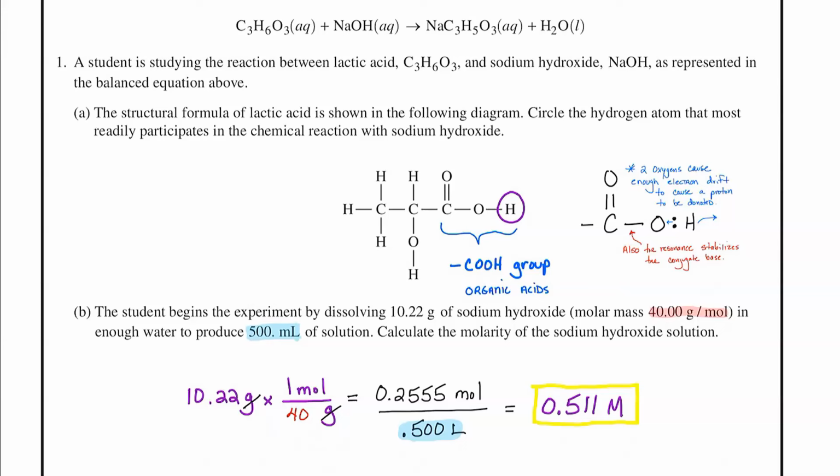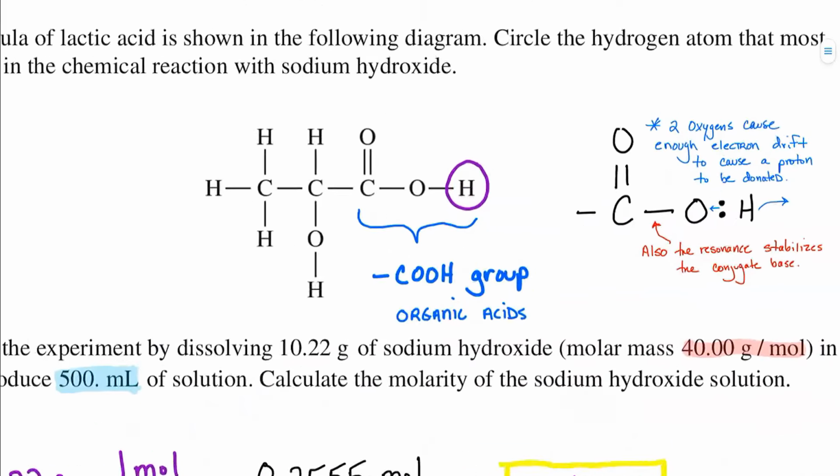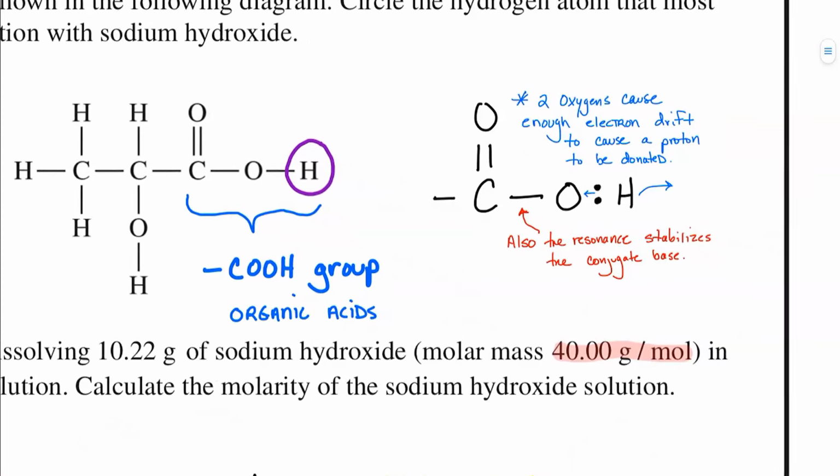They're looking to circle the atom that readily participates in the chemical reaction with sodium hydroxide. They're really asking for the most acidic H, the hydrogen that's going to dissociate as a proton. And of course, that's going to be this proton here that I circled.